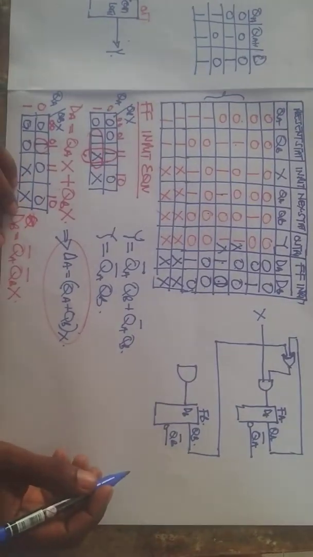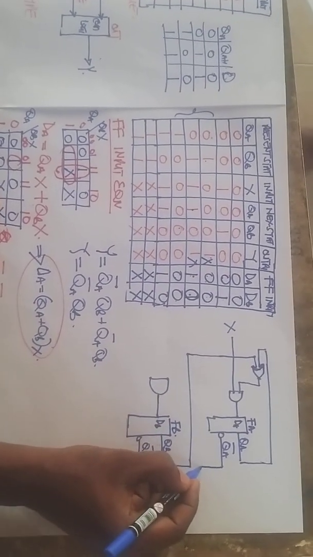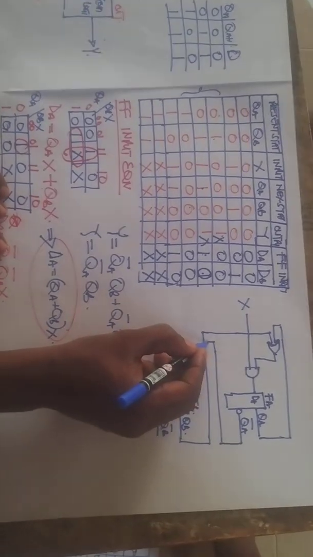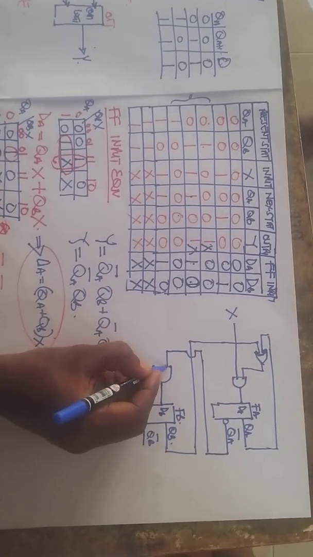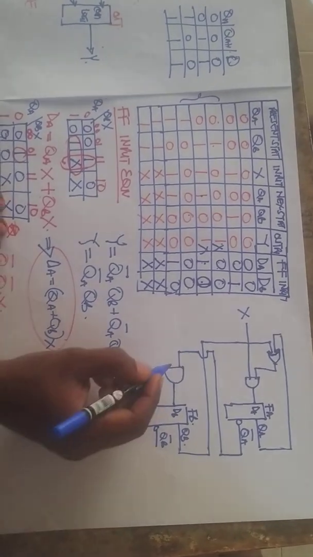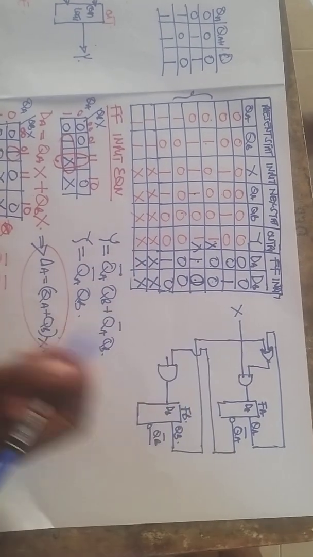So I have my QA bar coming, so this should come here, and then I have my QB bar also coming, or let X come first. X should come first.